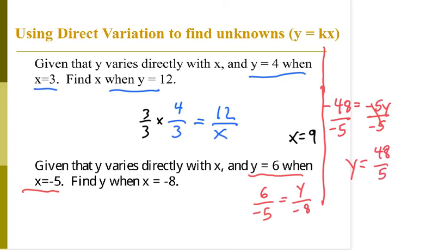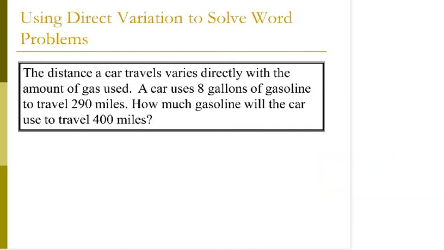Here's another situation. Try and see if you can solve this one on your own before we work it out. So it says here that it varies directly, so this is a direct variation problem. It says that the distance traveled varies directly with the amount of gas used.